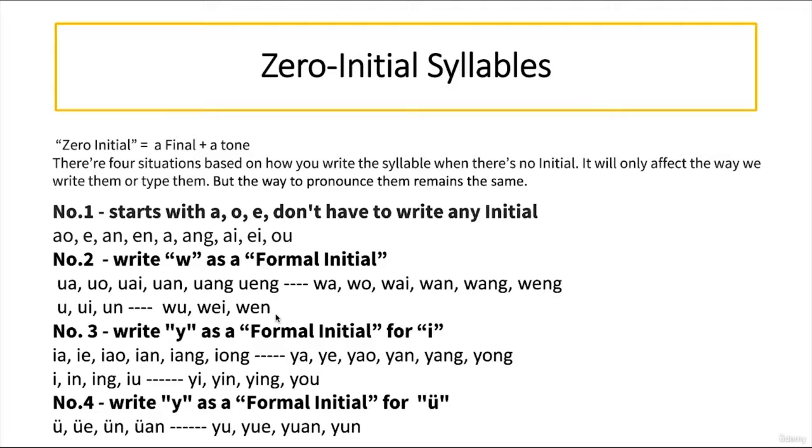Rule number 3, write Y as a formal initial for I. When the zero initial syllable starts with the vowel I, we write Y as a formal initial. So for Ya, Ye, Yao, Yan, Yang, Yong, we'll make them YA, YE, YAO, YAN, YANG, YONG.